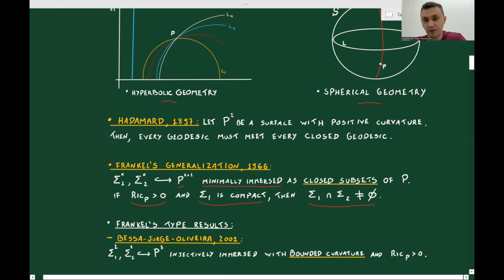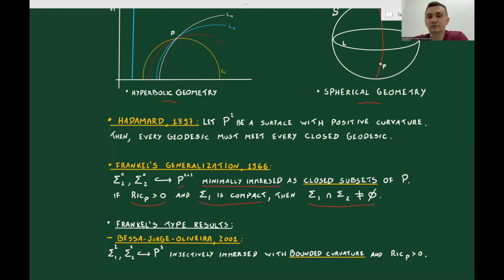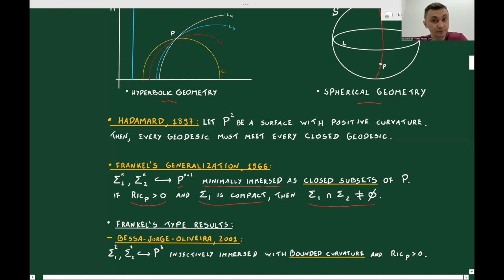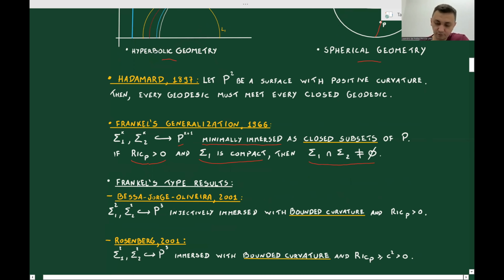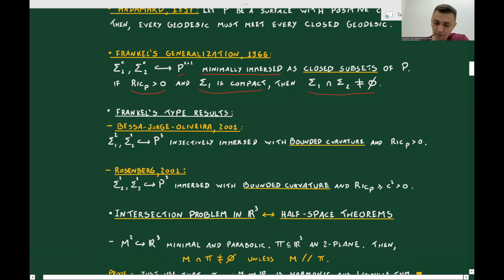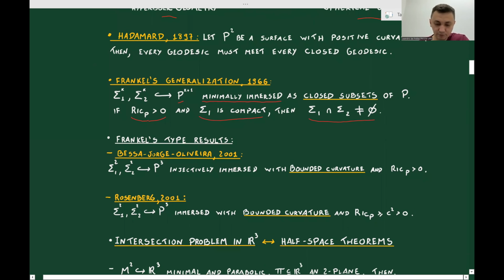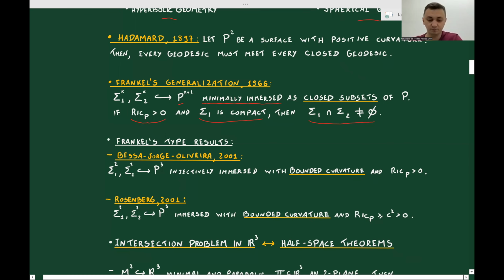After this result, this kind of property was called Frankel's property, and some results followed. Here, I would like to mention two results due to Bessa, Jorge, and Oliveira, and also due to Rosenberg in the same year.